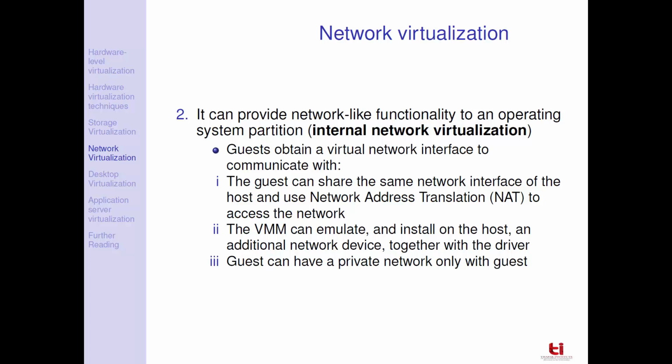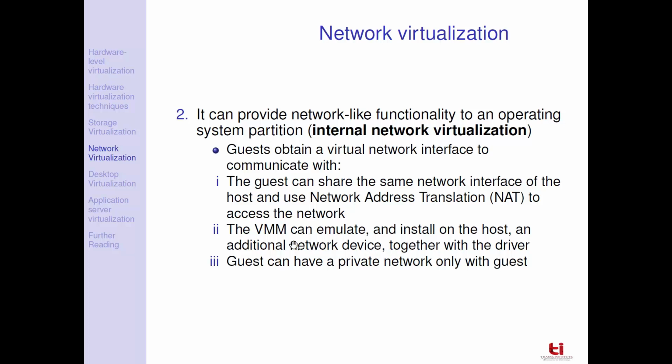That public IP address is mapped to multiple private IP addresses through network address translation. Each of these private IP addresses is given to a guest virtual machine on that particular physical hardware, and through this they can access the network.